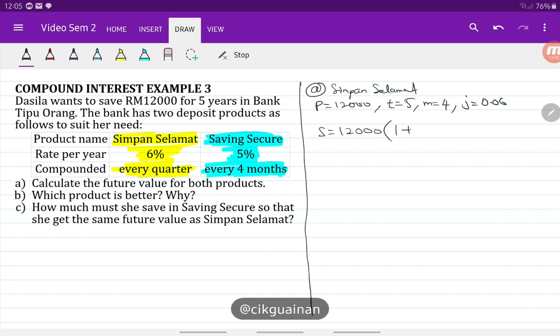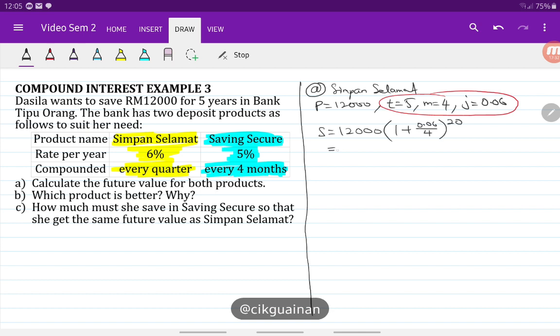Don't forget, if it's compound interest, it's J, so you must take out the TMJ from the question. The three things are one set. The T is 5, M is 4, J is 0.06. So 0.06 over 4, and then TM is 20.